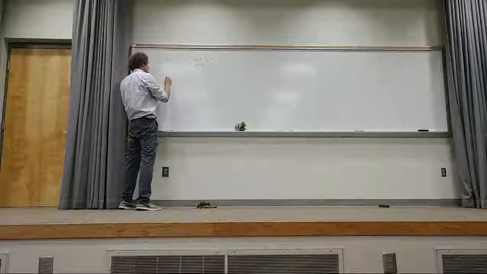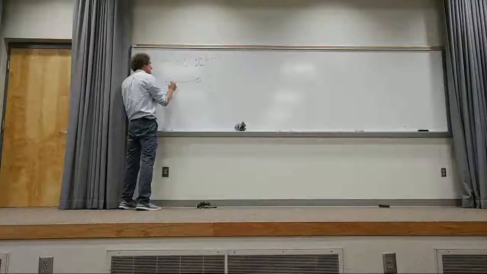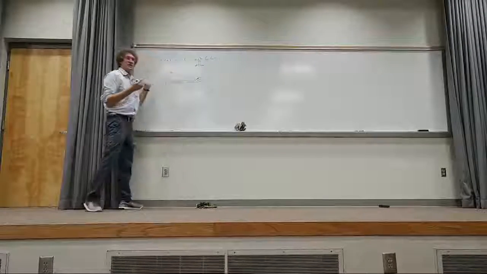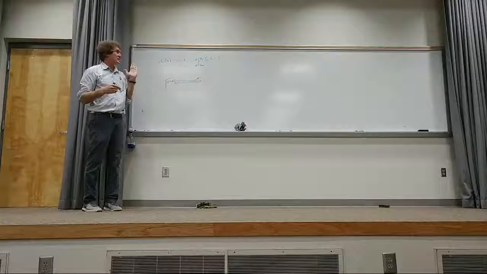Okay? Now, think about this. I send out data with radar. It hits something, an object. It comes back, and I collect data. There's a time delay. Don't worry about all the exact details of this.